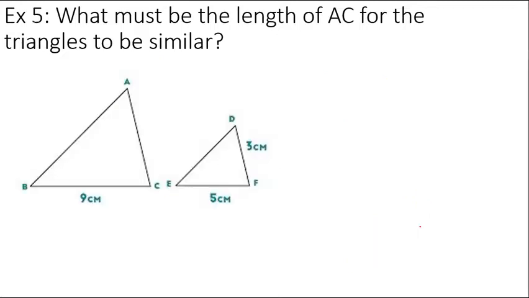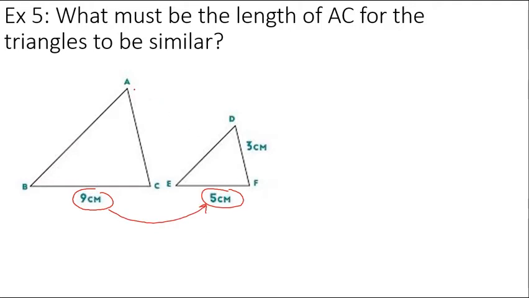Number 5. Again, what must be the length of AC for the triangles to be similar? Okay, so in this case, I know side BC and side EF correspond.